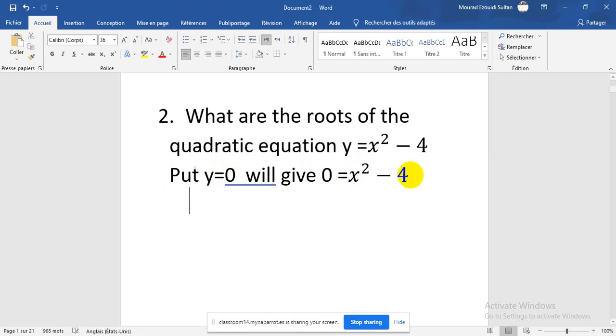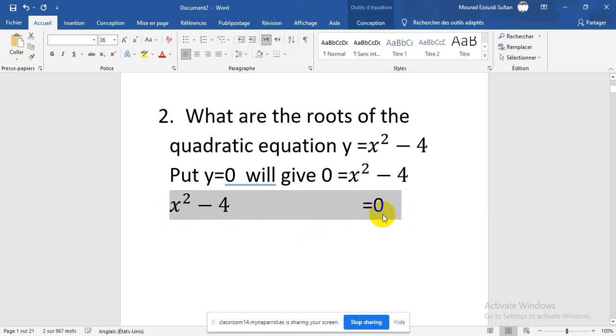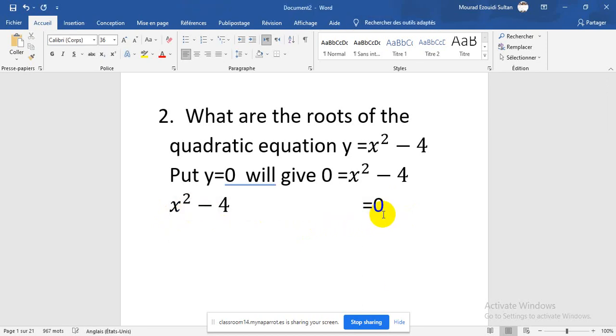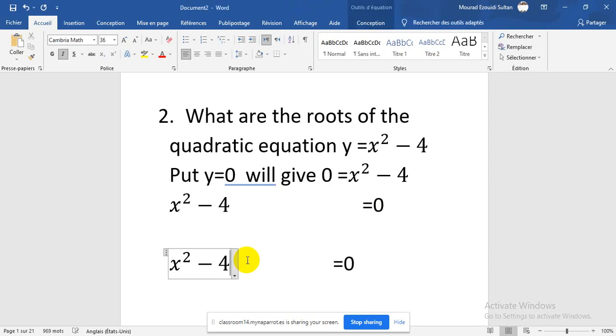So here you can see that this is a quadratic equation. We will add 4 to the left hand side, and also add 4 to the right hand side.